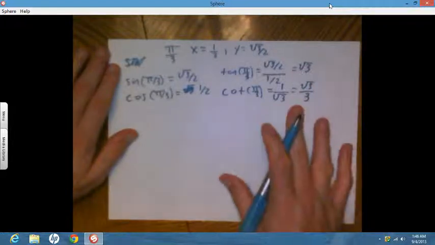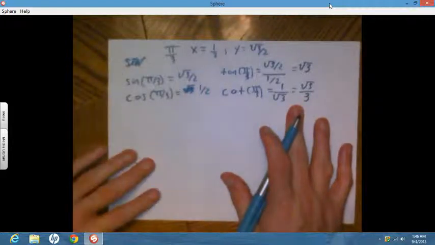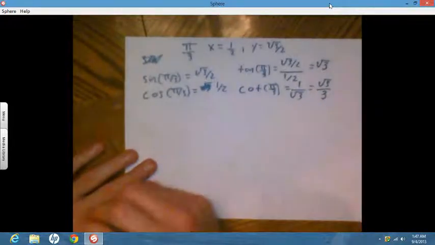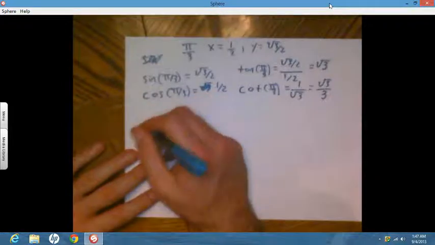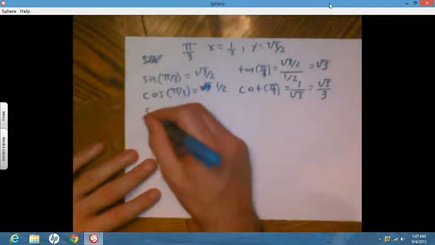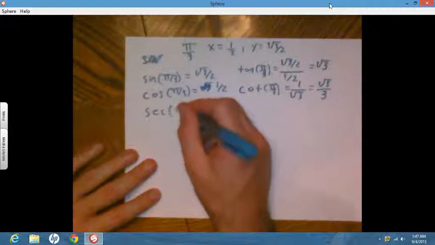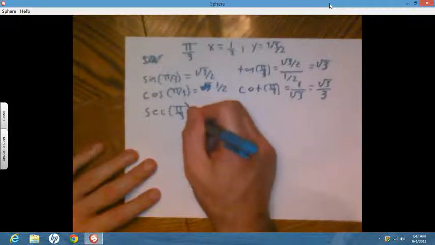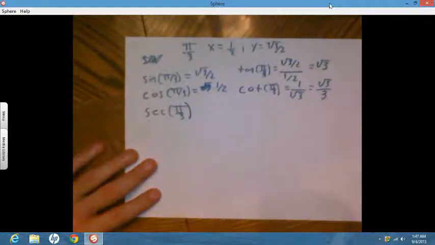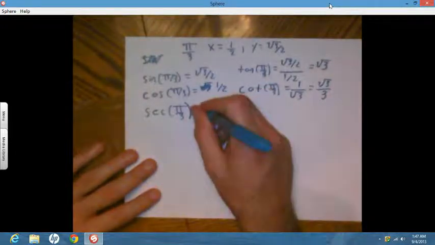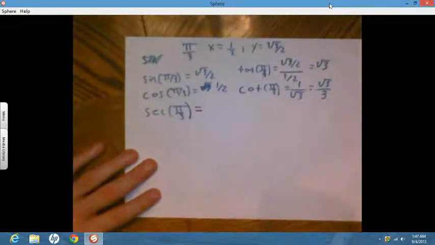Okay? And we're going to notice that the secant of pi over 3 is going to be equal to 1 over x.